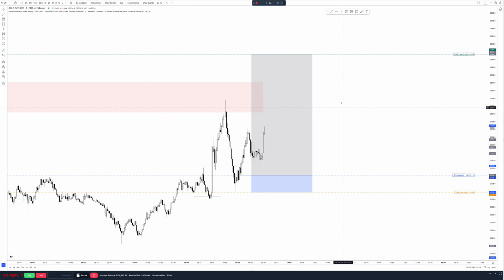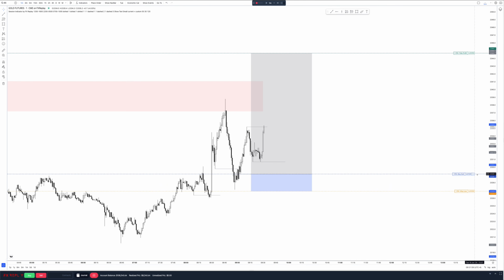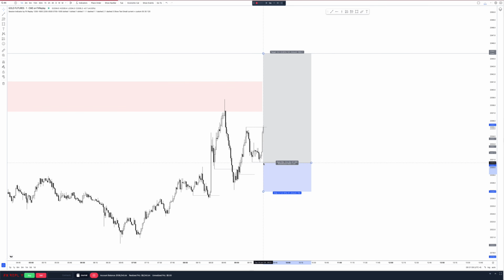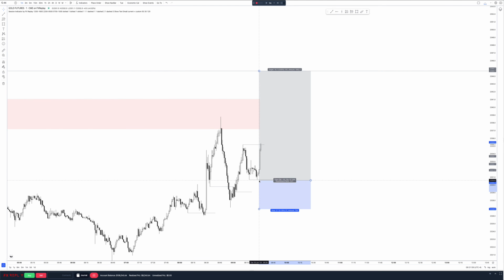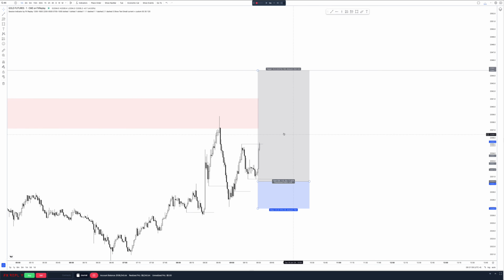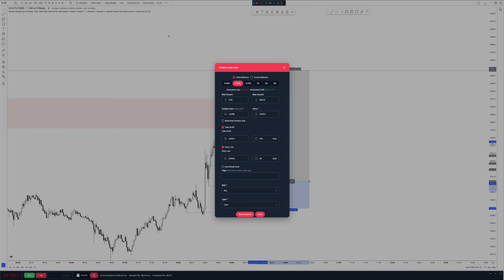Okay, buyers just got induced. As soon as buyers get trapped, this would be good for longs. Let me just delete this. Right there. Entry right below, so maybe here. Okay, and then targeting the highs 1 to 4. Pretty decent, honestly. Let's do this and place order.